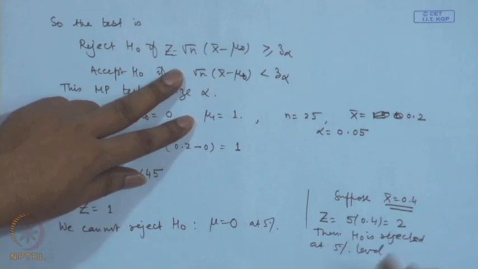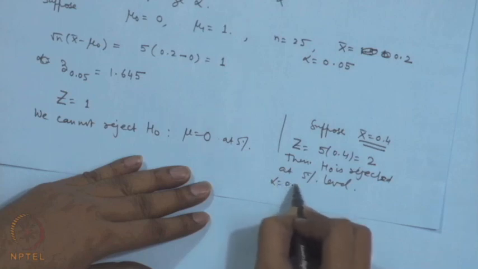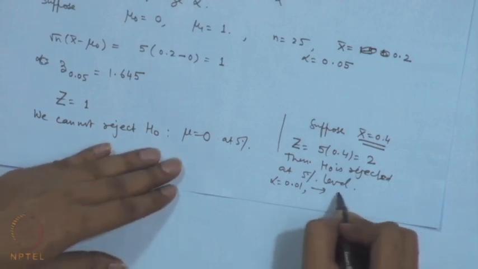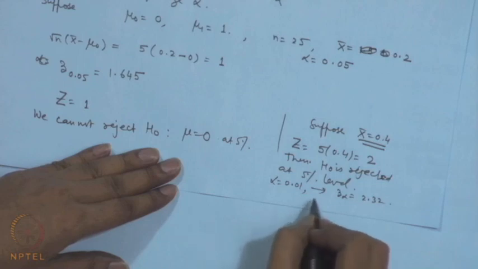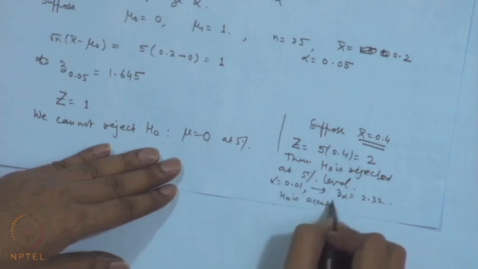But if I change the level of significance, it may still be possible to accept this. For example, if I take say alpha is equal to 0.01, then I will get z alpha is equal to 2.32, and here I will get h naught is accepted.